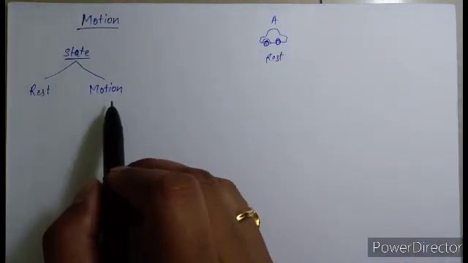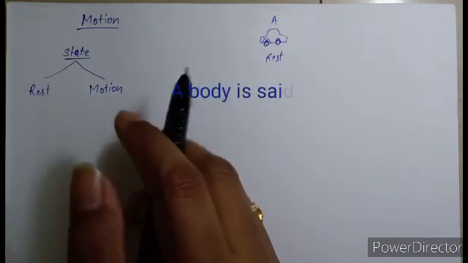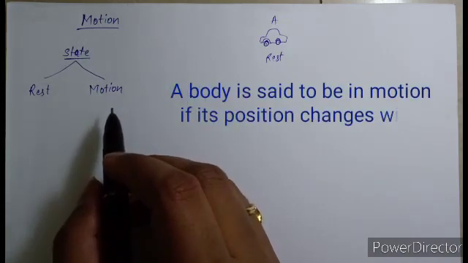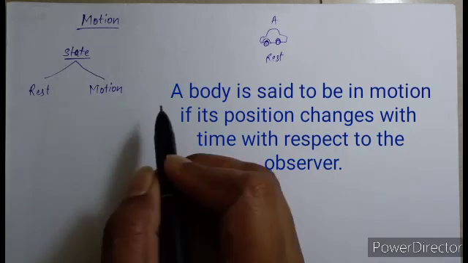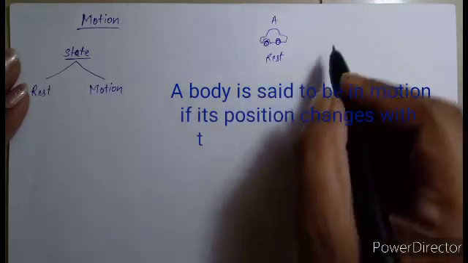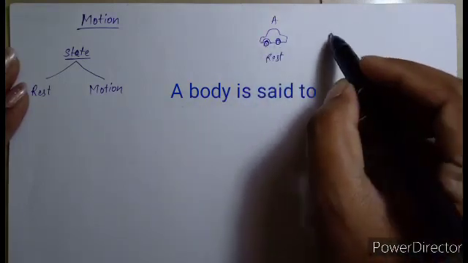And about the motion, likewise a body is said to be in motion when its position changes with time with respect to the observer. Let us take another car.